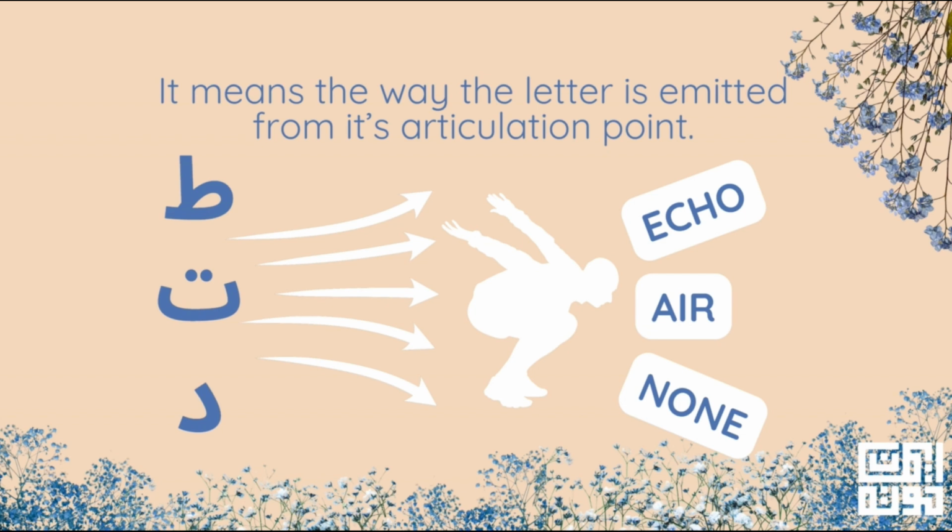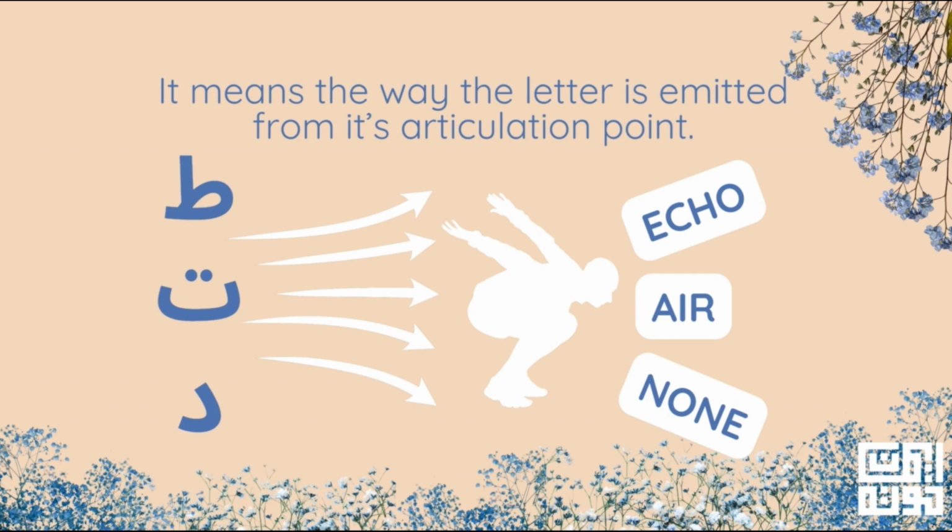The echo sound in the ta, remember when we said this is one of the letters of tafkhim. So the echo sound in the ta is because when the ta exits, the rear tongue elevates, the throat narrows, and the middle tongue is lowered.